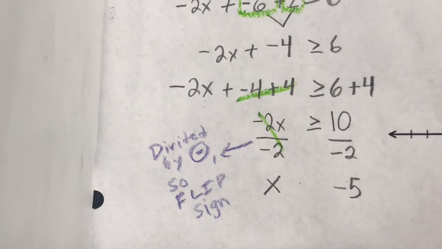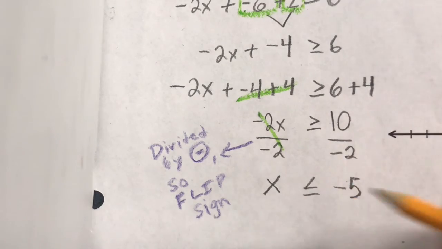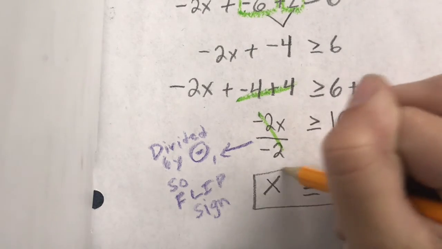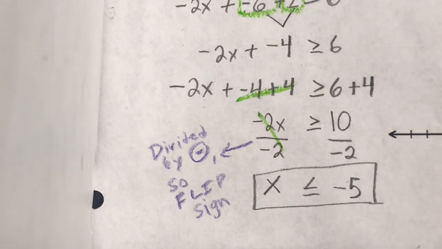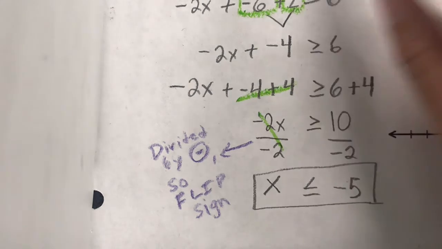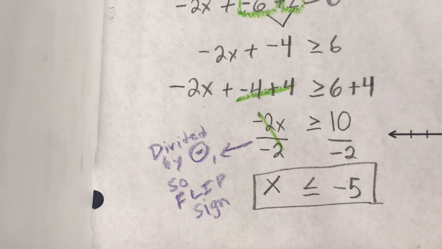Right, when we divide or multiply, we haven't seen much of that, but when we divide or multiply by a negative number, we're going to flip the sign. So this is going to flip from greater than or equal to less than or equal to. So that means any value of x, any value that's less than or equal to negative 5, is going to make our original inequality true.